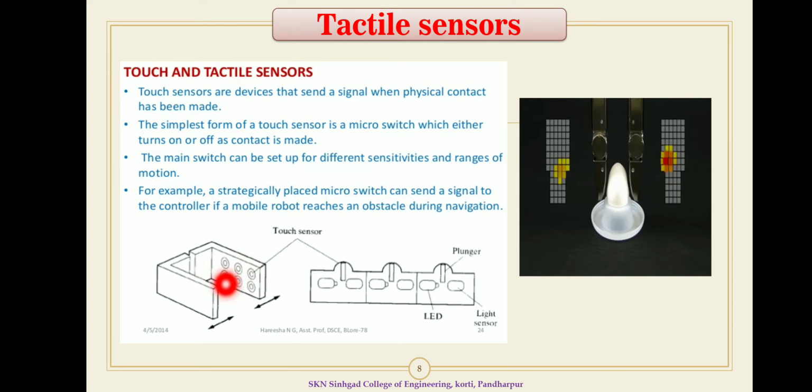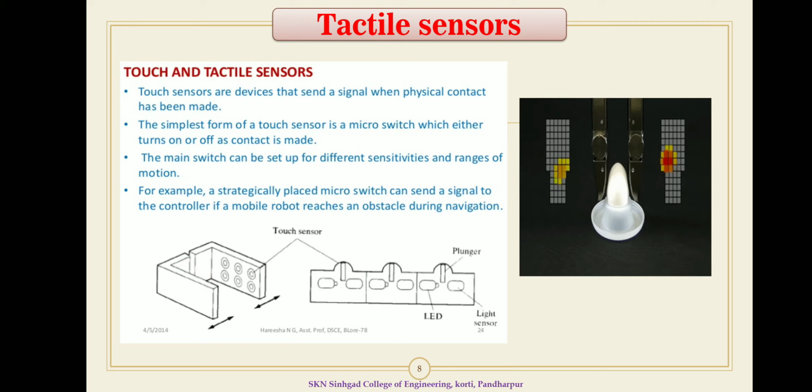So touch sensors are devices that send signals when physical contact has been made. The simplest form of touch sensor is a micro switch, which either turns on or off when contact is made. The micro switch can be set up with different sensitivity and range of motions.